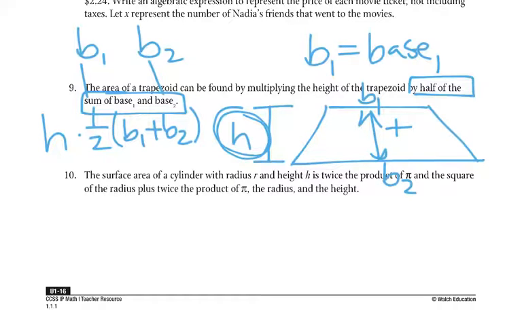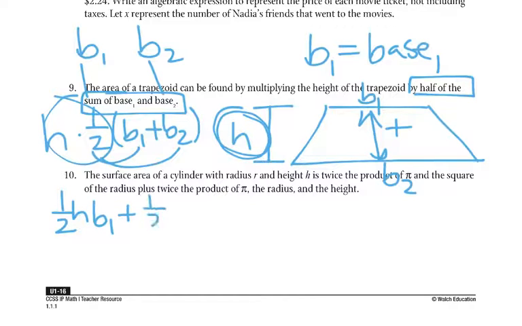Okay. So now, can we simplify that at all? Yeah, we could distribute this 1/2 h and times it by b1 plus, and then distribute it by the b2. Okay, that's probably what I do for this purpose. So, we've got two terms, right?